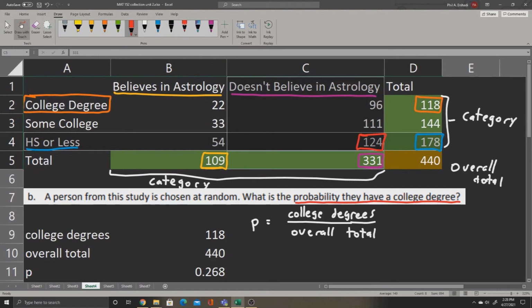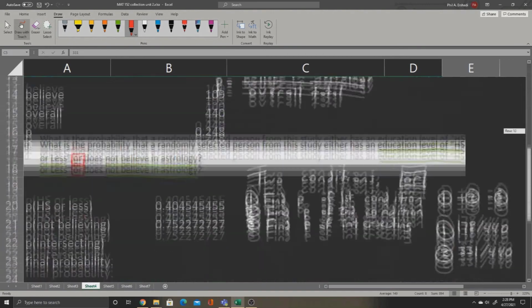This is where we have both not believing in astrology and having high school or less. So we can say the intersection is 124, again out of 440.